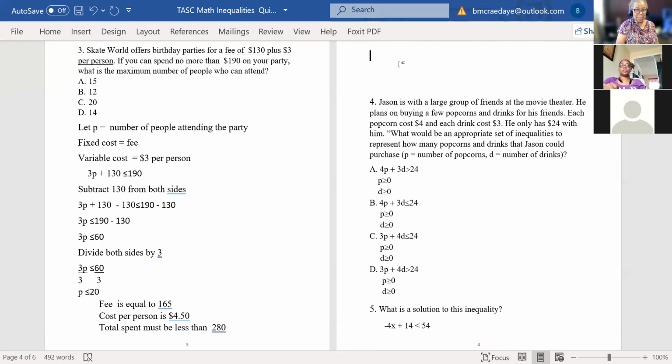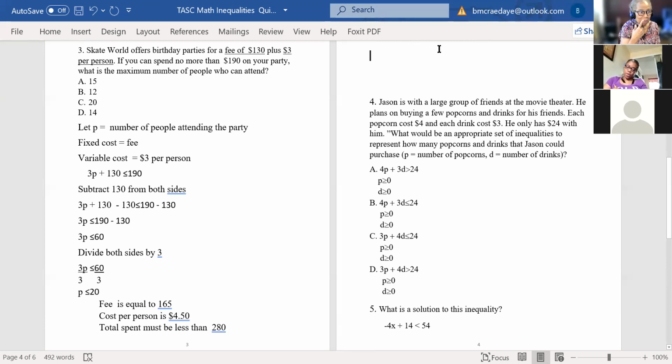Okay, what would you have? Just give me the inequality for this problem. What would it look like?